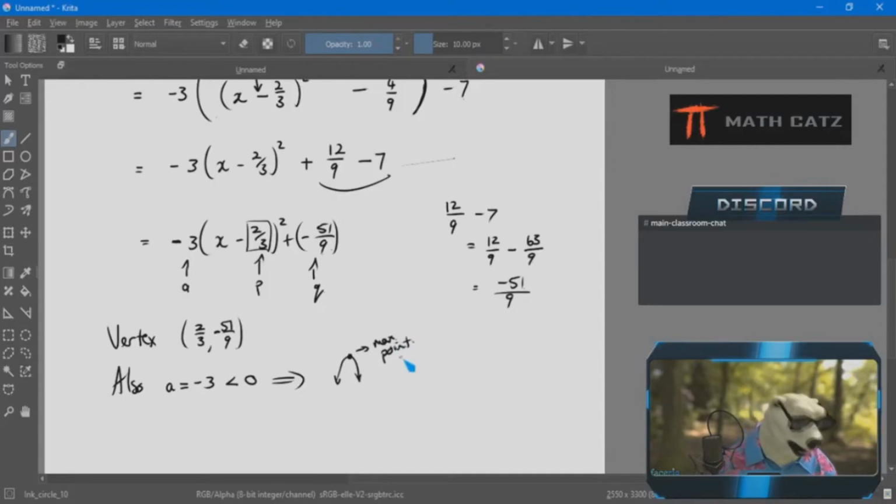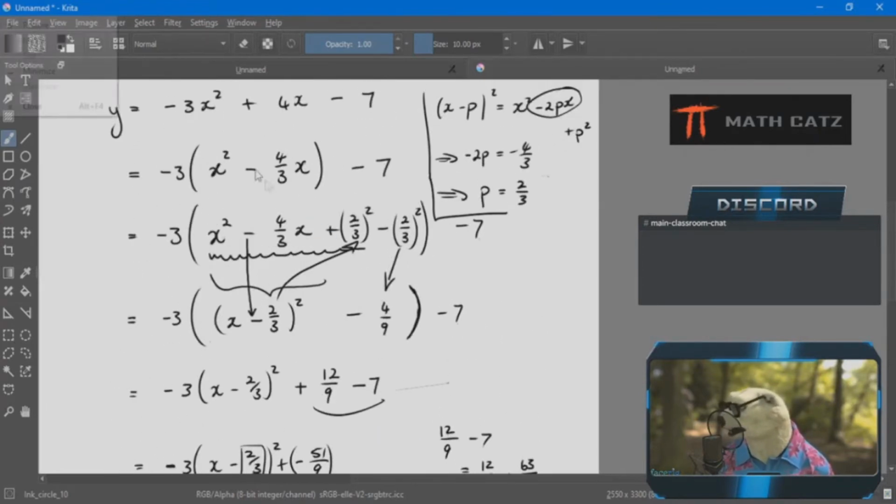All those things are fairly easy if I have the standard form, regardless of the unpleasant fractions. That usually happens when I just have some integers here in my general form. Often the vertex location is a little unpleasant.